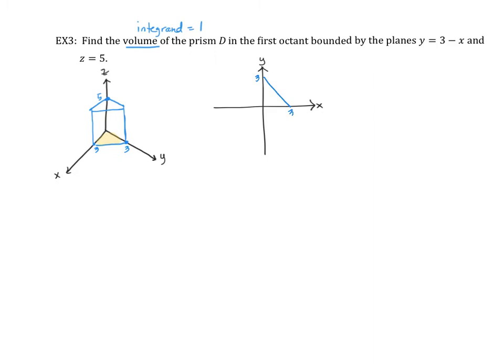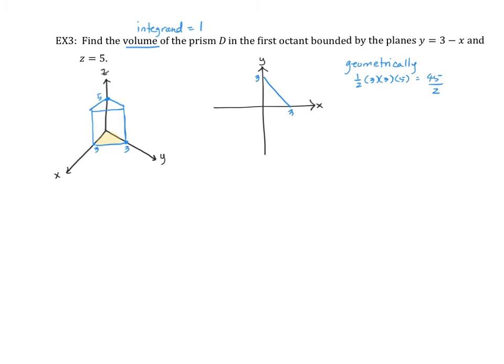So when I look at this geometrically, and I compute the volume of this prism, it's going to be the area of the base, which is 1/2 base times height, because it's the area of the triangle. And then we multiply it by the height of the prism, which is 5. It looks like that's going to be 45 over 2. So I didn't even have to use calculus, but let's go ahead and do this with a triple integral.